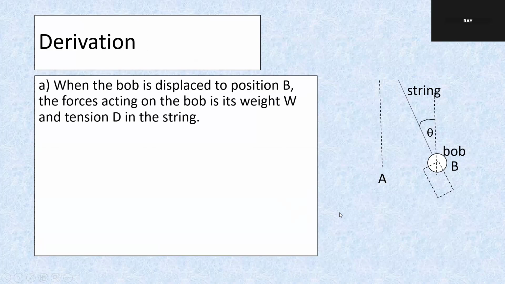Displace it slightly. When the bob is displaced to position B, the forces acting on the bob are the weight W and the tension T. Okay, what are the forces acting? The weight of the bob acting downwards. Tension in the string.